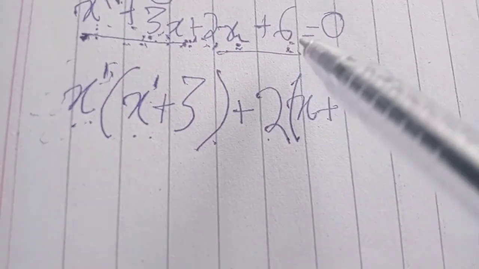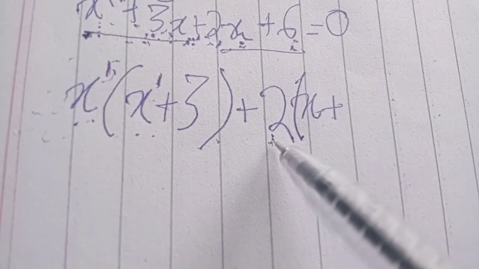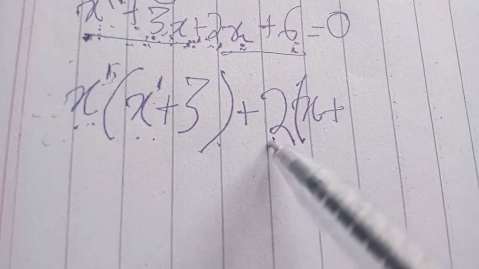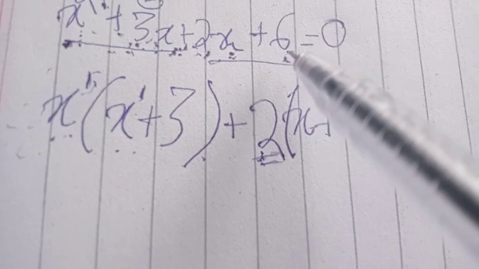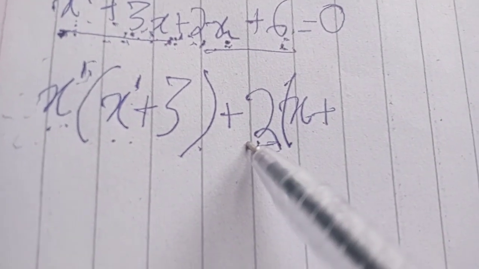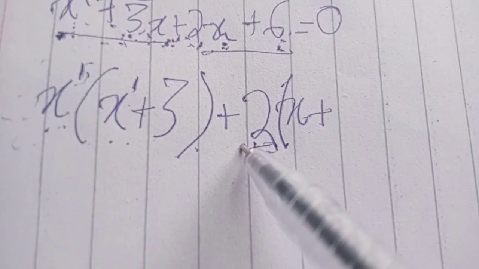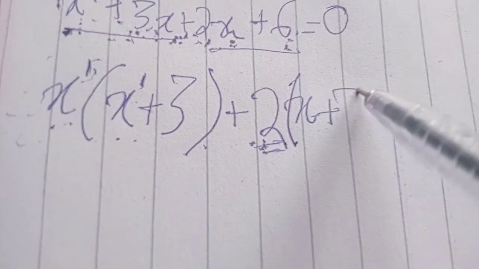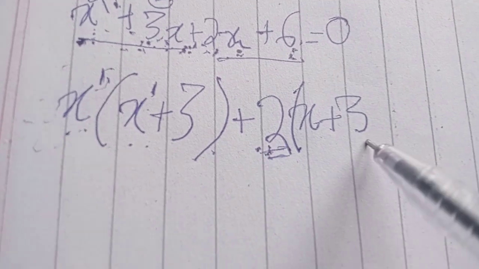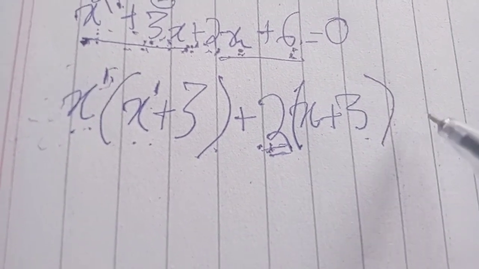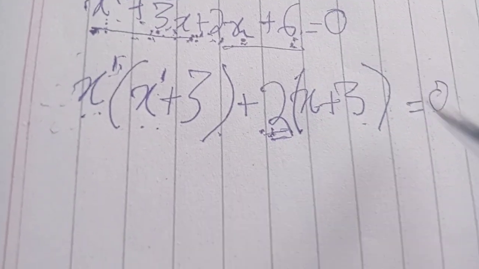To answer this, if 2 is taken common, I've written it adjacent to the bracket, so 6 divided by 2, what is the answer? 3, since 2 threes are 6, right? So in place of 6 I will write 3, equals 0 as above.